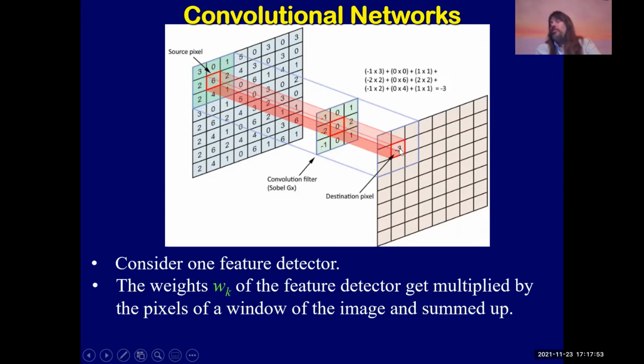That number will be big if the pattern appears here. If it's just random noise compared to the pattern, then you would get something more like 0. And you might get something negative if it's the opposite of what you're looking for. Does that make sense?